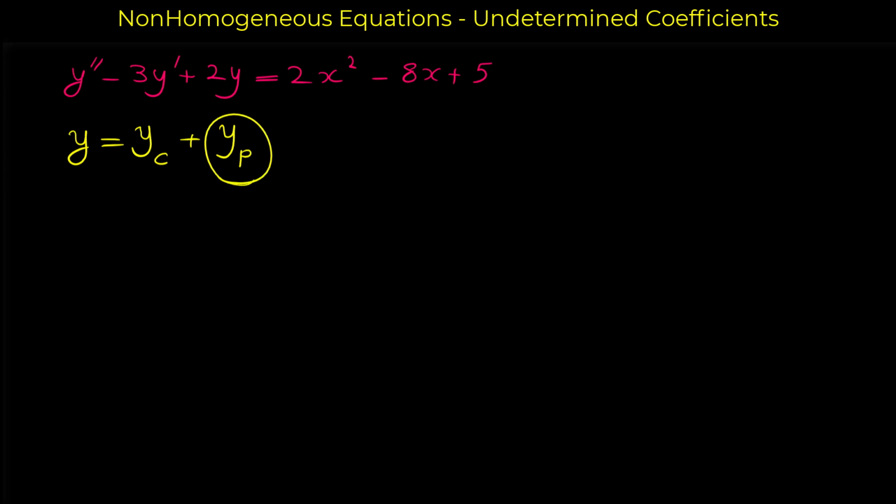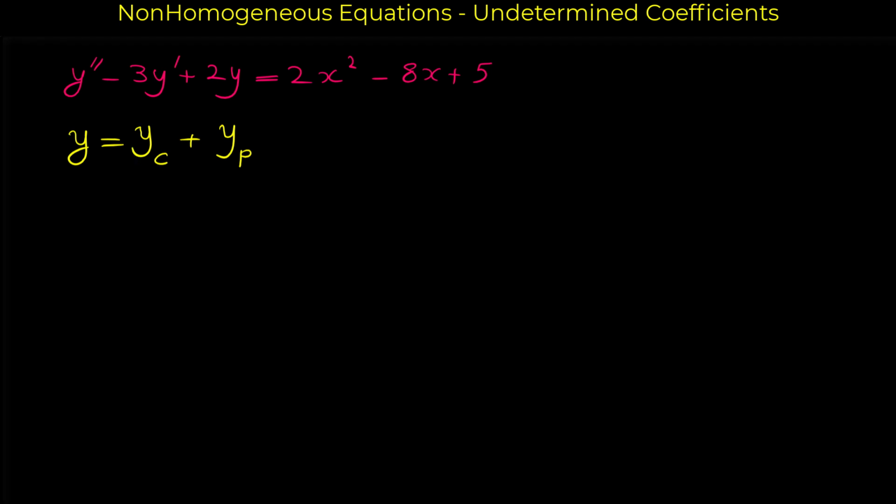Y sub c is the complementary solution, the solution that we can find from the corresponding homogeneous equation. So for finding y sub c, we have to solve the homogeneous equation, which is y double prime minus 3y prime plus 2y equals 0.